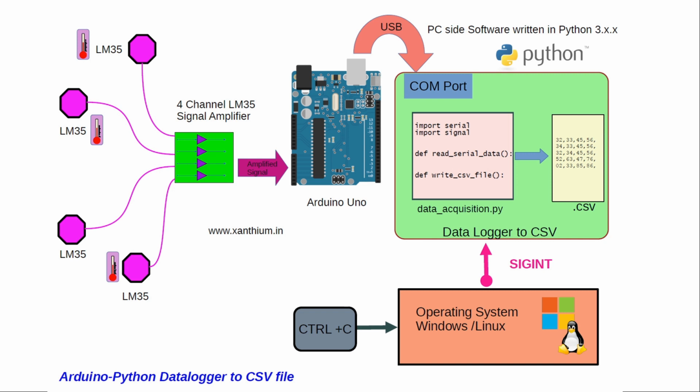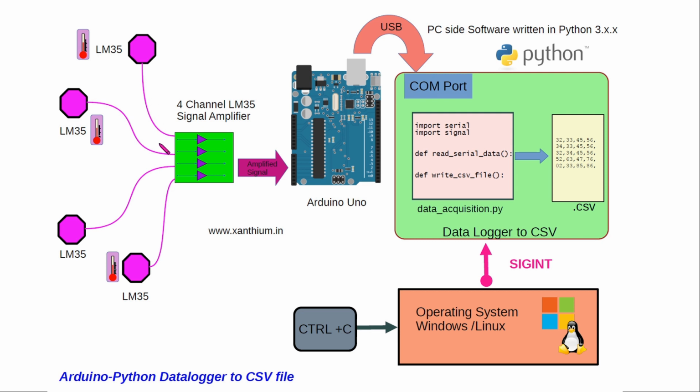Now this is the block diagram of the Arduino data acquisition system. We have 4 LM35 sensors, represented by these pink octagons, and they are all connected to the 4-channel LM324 signal amplifier. The LM35 will be generating millivolt signals. For example, in the case of a room temperature of 30 degrees Celsius, it will generate 300 millivolt.